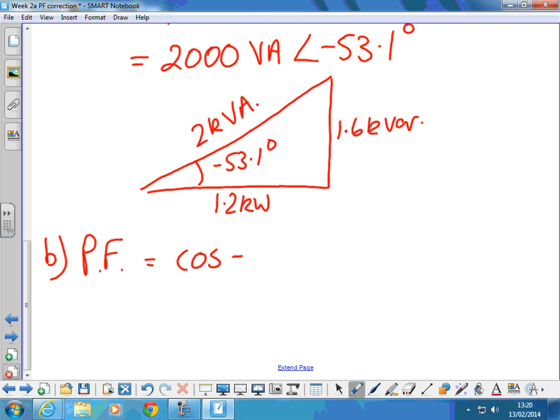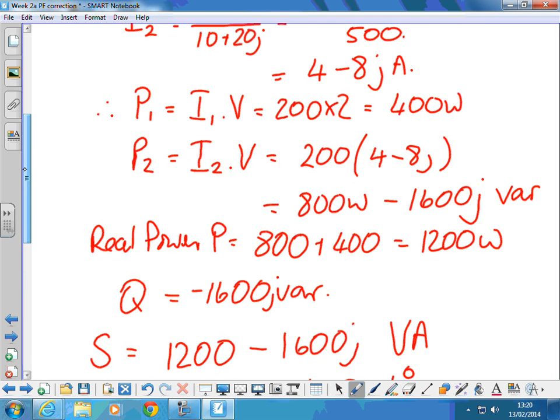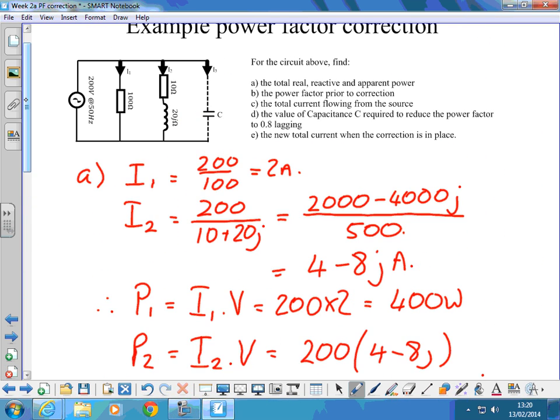Cos 53.1, 0.6. So you've got a 0.6 power factor for this circuit. All right. Total current flowing from the source.